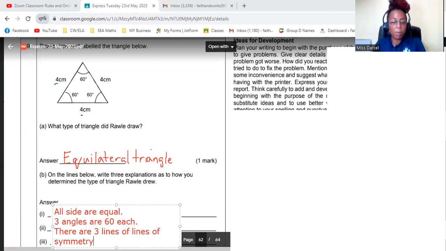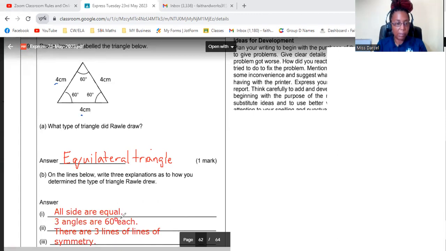All right, so those are the properties of an equilateral triangle. So all 3 sides are equal, 3 angles are equal, and there are 3 lines of symmetry. So there's one here, and one here. So those are the properties of an equilateral triangle. On to the next question.